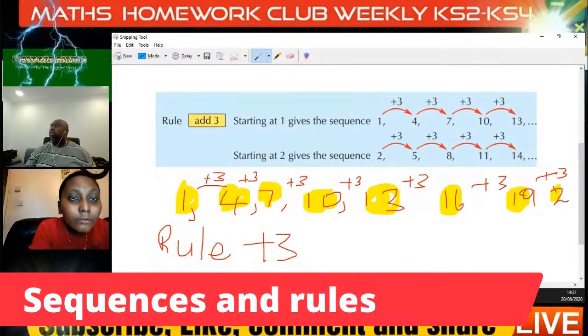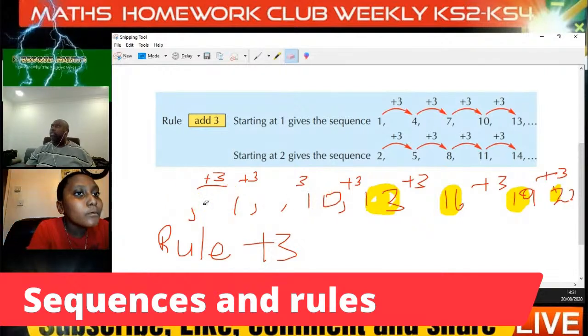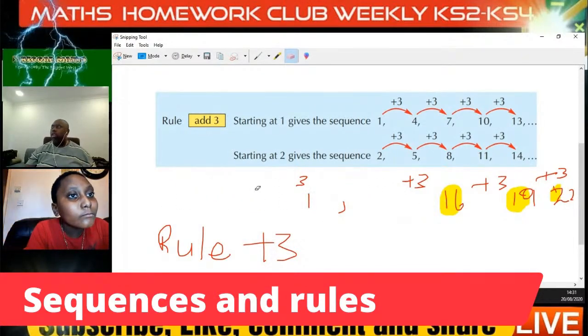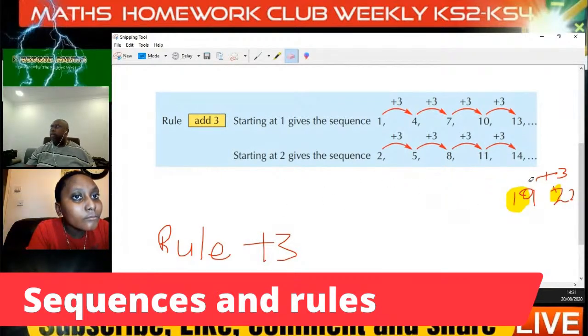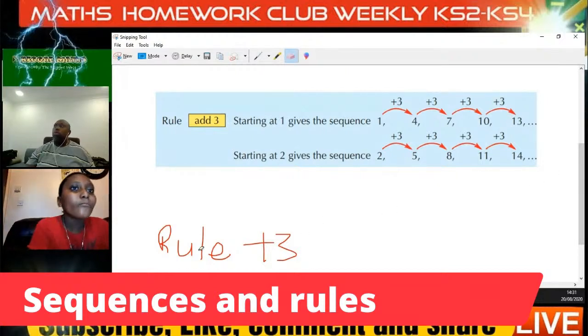Okay, so that's 22. I'm going to start this sequence again. The rule still is adding 3. Focus, Denzel. The rule here is add 3.